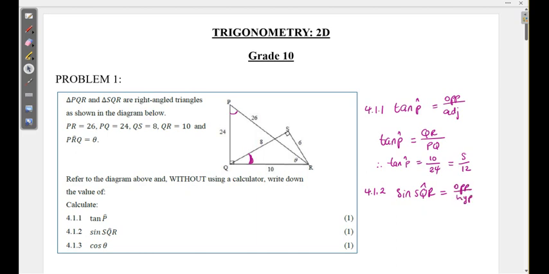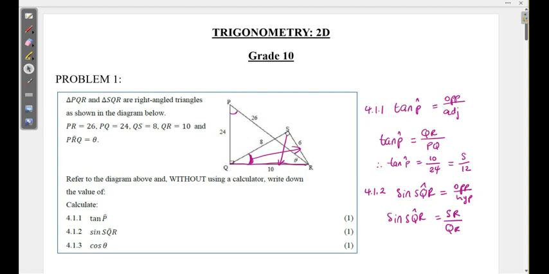Now, when you look at SQR, this angle here, the opposite side will be that one, which is SR, right? So you shall write SR there. And then the hypotenuse, let's remember that the hypotenuse is always the longest side, the one opposite to the 90 degrees. So it means QR would be the hypotenuse there.